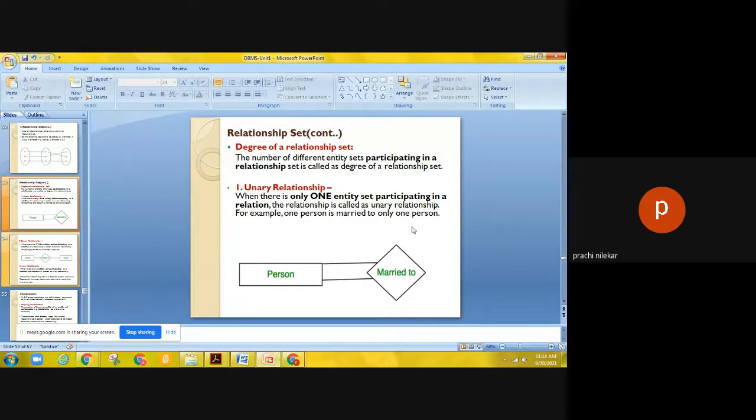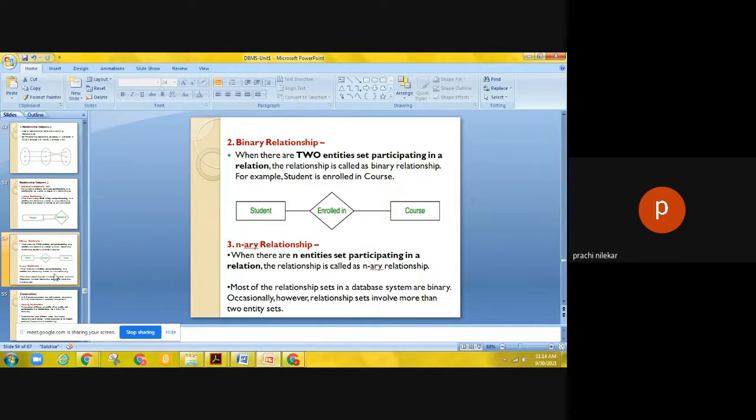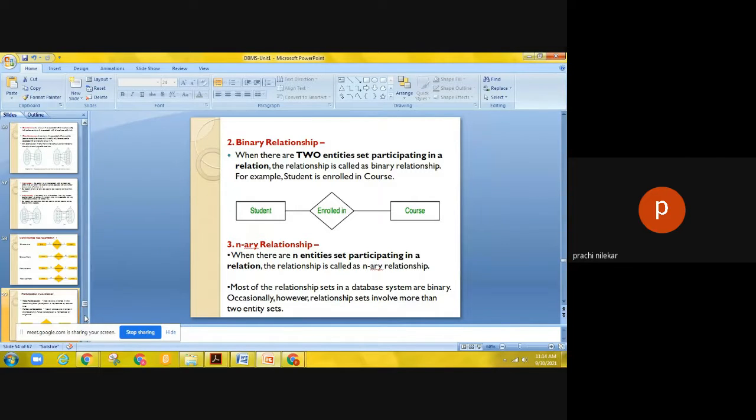If two, then it's called a binary relationship, when two entity sets participate in a relation. And more than two, then it's called an n-ary relationship, when n entity sets participate in a relation.